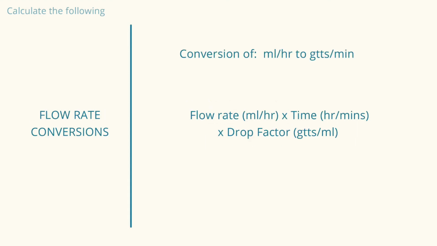And for the calculation of flow rate conversions, 5.1 drops per minute to ml per hour. So flow rate times time times drop factor. So here is a given situation.